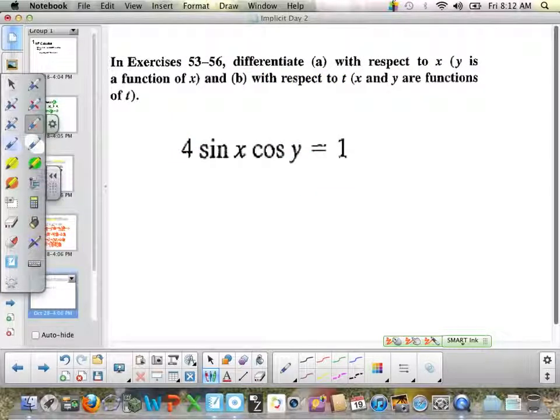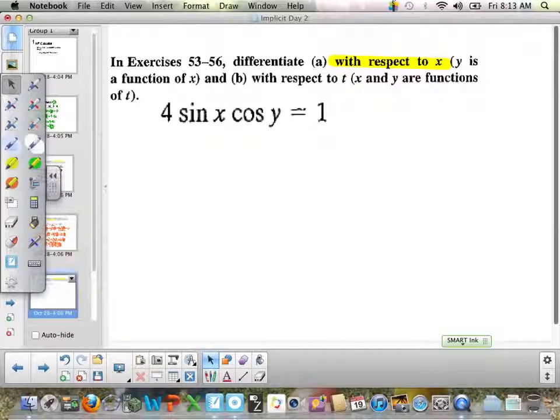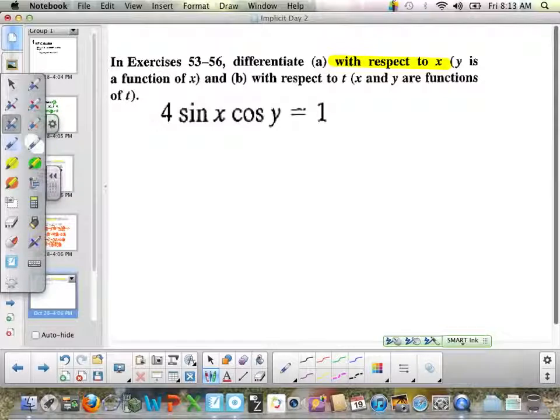Looking at another example, 4 sine x cosine y, we'll start with respect to x first. As we do this problem, again, you should notice it's a multiplication.